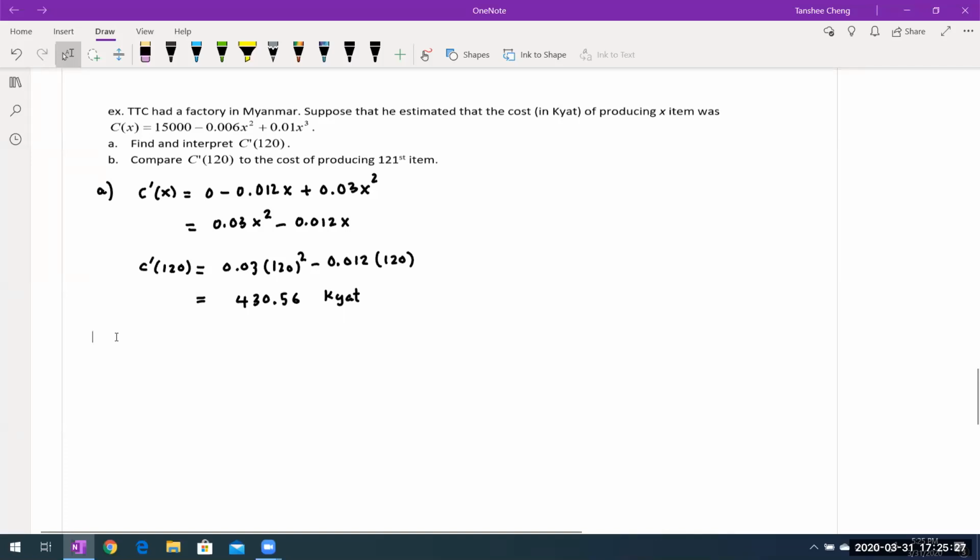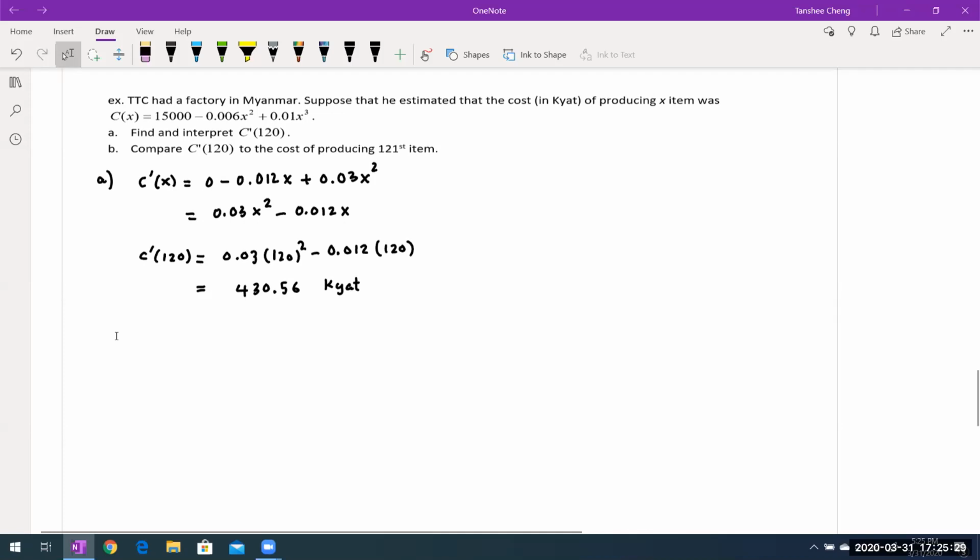So C prime of 120 interprets the rate at which the cost is increasing as the 120th item is produced. So that's what it means. We are talking about the instantaneous rate of change at that particular production case. Any questions before I move any further?